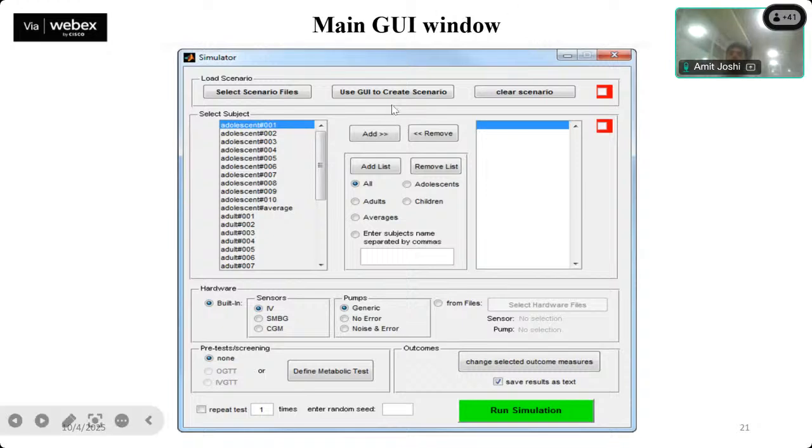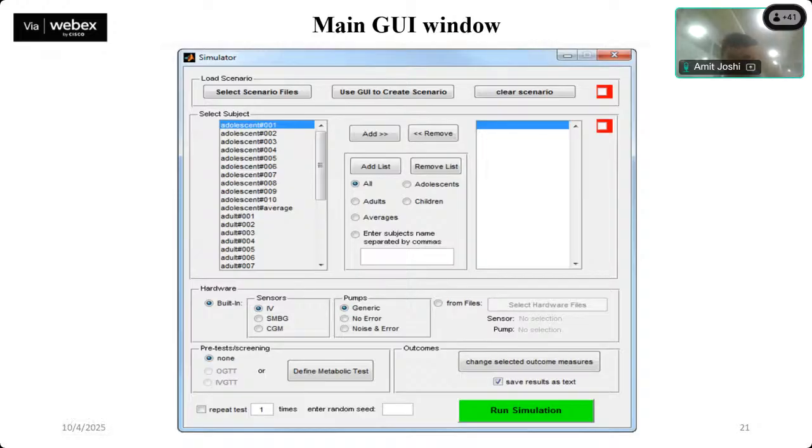Otherwise you can also create your own scenario, meaning what your food intake is and at what time you are taking food. All this is available in the generation of the scenario. So you can select from all the scenarios available by default inside the simulator, or you can create your own scenario as well.